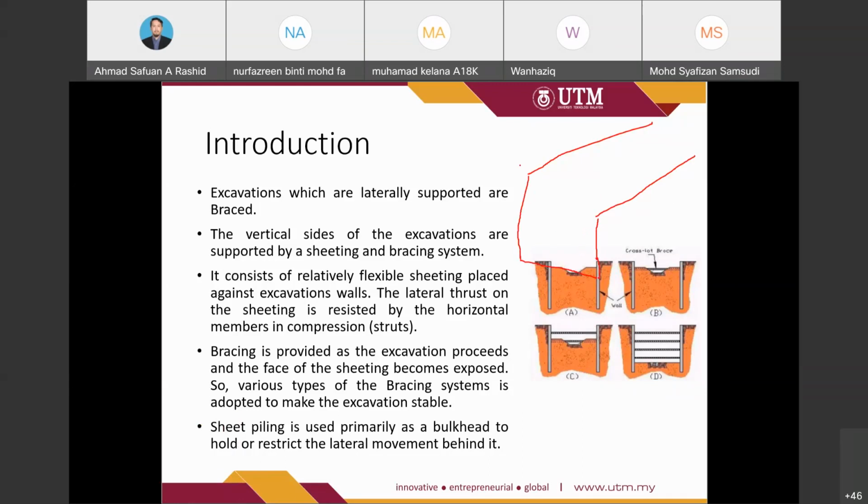First, the installation of the sheeting, for example, sheet pile. First, we install the sheeting material, so I will draw the sheet like this one. Then we do the excavation. For example, we excavate a little bit here, and we excavate the whole area.